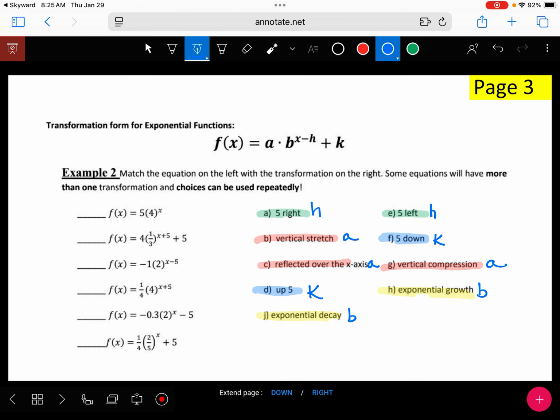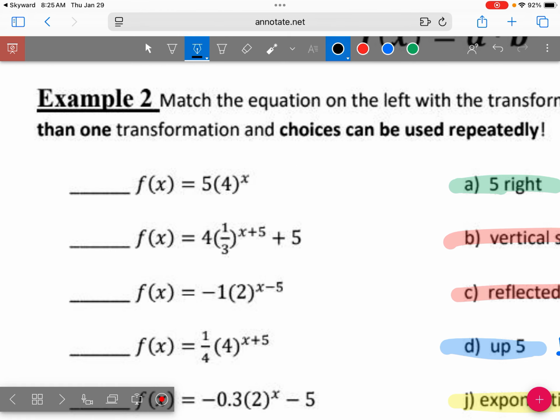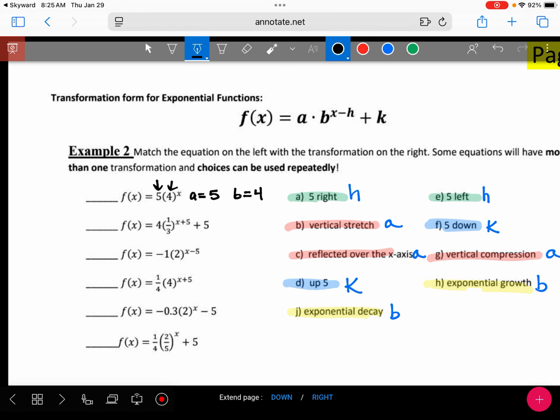Okay? So I'm going to zoom into this first one here. For this first one, can you write, this is A. A is 5. This here is B. B is 4. I want you to look at your answer choices. See if you can figure out the 2 answers. Because A is 5, which one of these pink answers am I going to use? Does it stretch, reflect, or compress? A is 5.